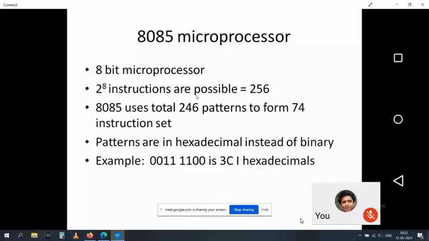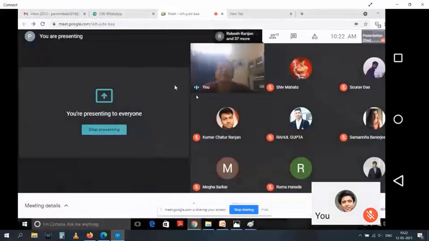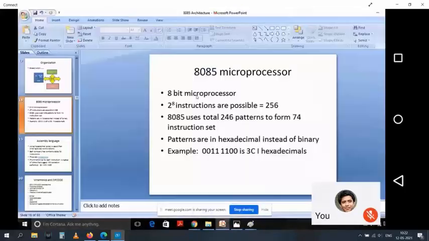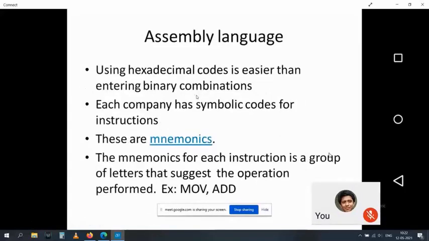Programs written in these languages are not transferable to different kinds of formats. If I'm writing in C, then I can use it for a variety of systems. But if I'm writing a program in assembly language, then my mnemonics will be different for an 8085 and for an 8086.